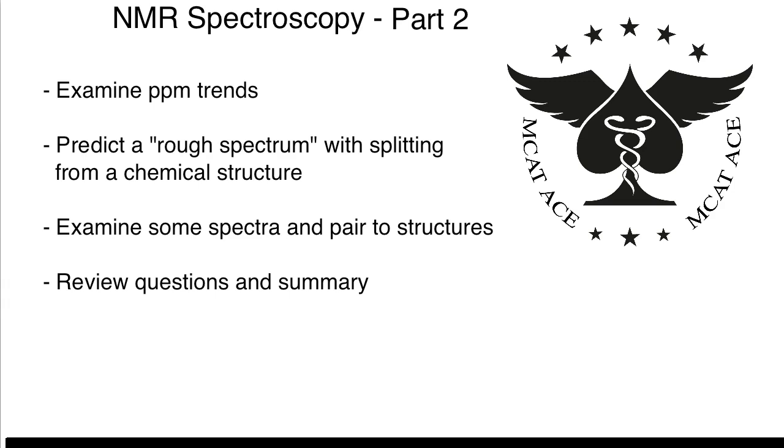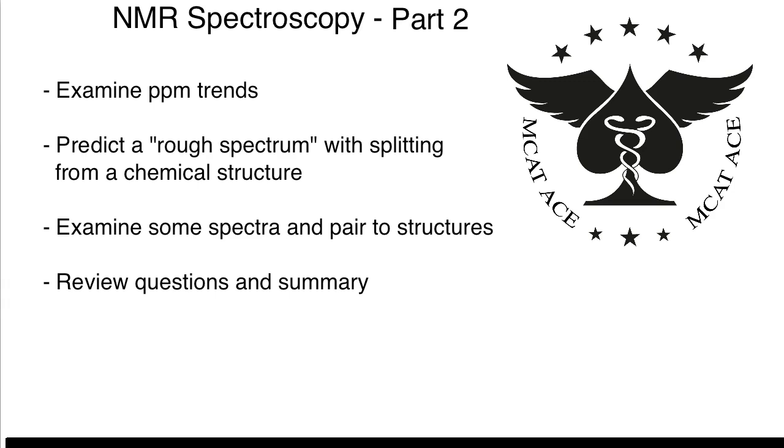If you look at this list, it looks rather small, but each one of these is going to go into quite a bit of detail. The first thing that we discussed at the end of the previous lecture is that we want to take a look at examining some of the ppm trends. When we get those parts per million that show up on the NMR spectrum, there are very oftentimes general trends that go along with where certain protons are most commonly found.